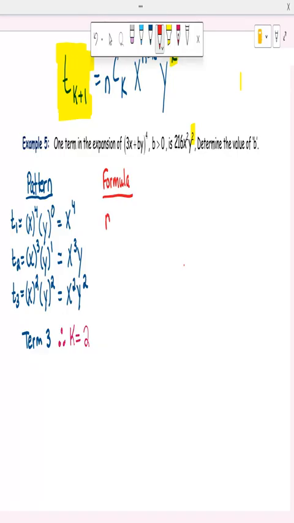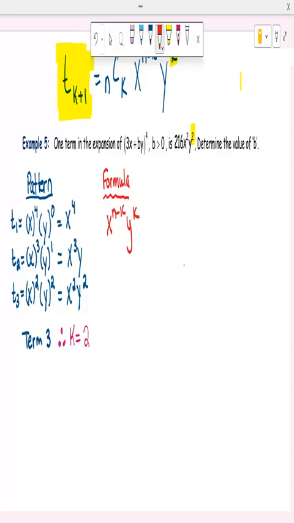I'm just going to write it down and then I'll show you how to substitute the numbers in. So the part of the formula that helps us figure out the variable piece is x to the n minus k, y to the power of k. Do you guys agree that that is the piece of the formula that helps me figure out all the variable stuff? Okay.